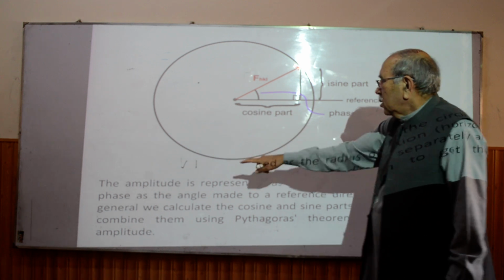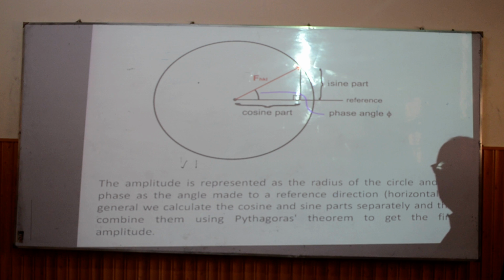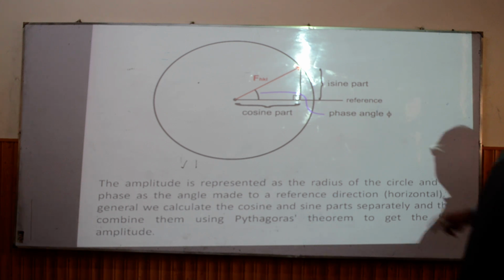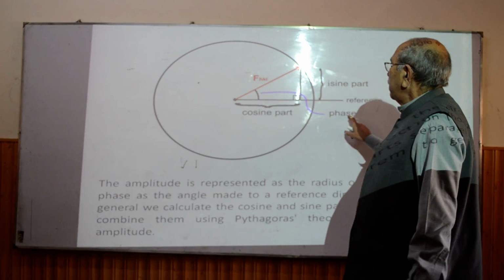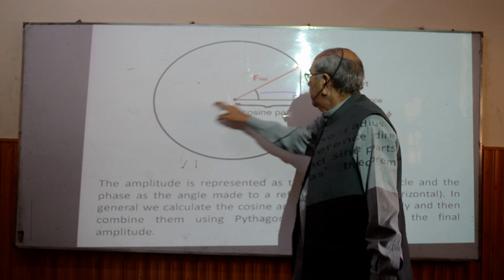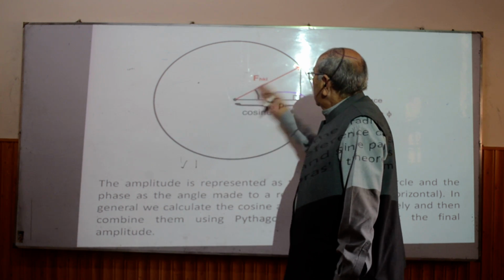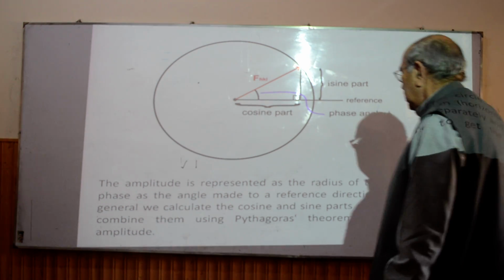So amplitude is represented as the radius of the circle and phase as the angle made to a reference direction, that is horizontal, in general. If I call this the phase angle theta, it keeps on changing, but the magnitude remains the same wherever I take it, because this represents the radius of the circle.